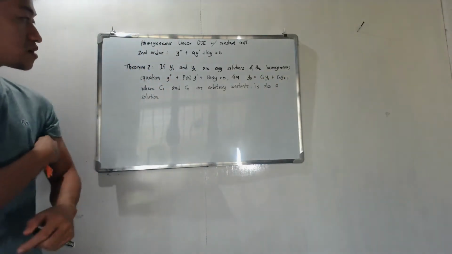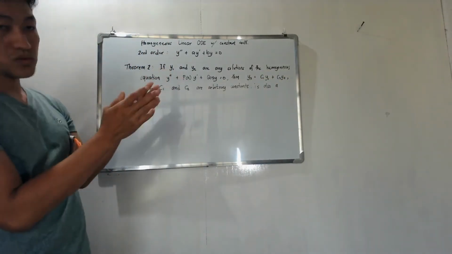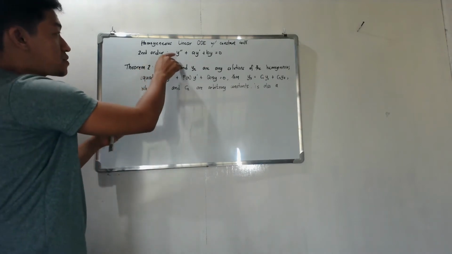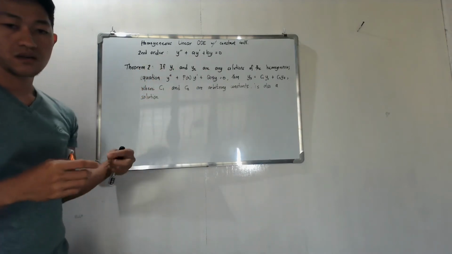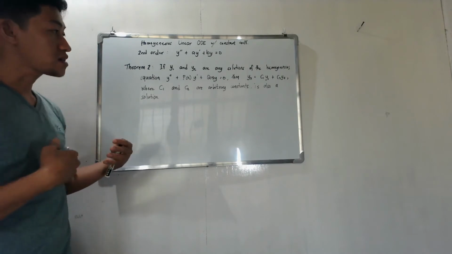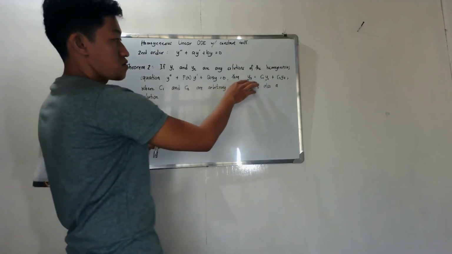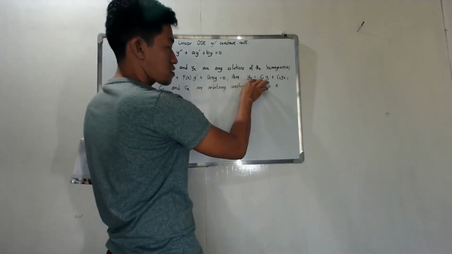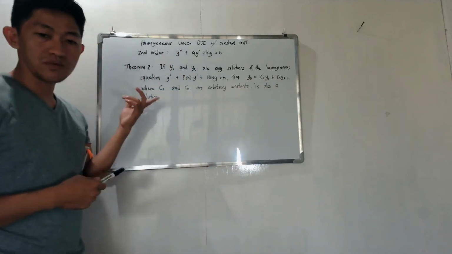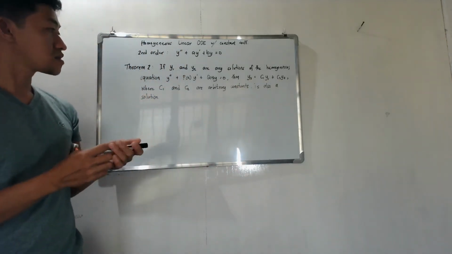Meaning, if you have two solutions from this equation, you can combine them into a general solution, which looks like this. Again, we will use this one later on.